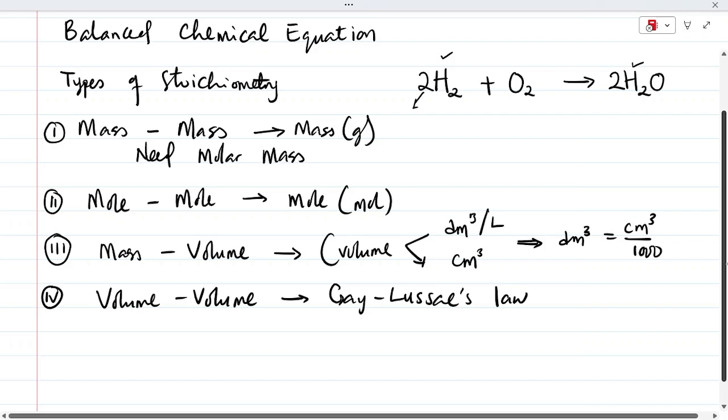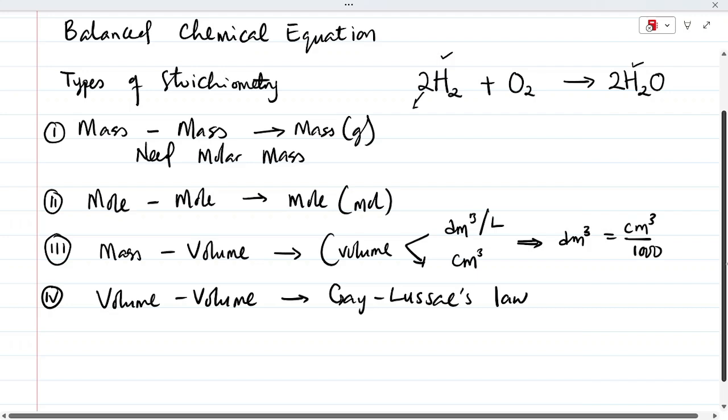But it is still stoichiometry. But because it is used under gas laws, it is mostly taught as part of gas laws. So when we deal with gas laws, you'll be seeing volume to volume relationships. But take note that it is still stoichiometry, because what are you doing? You are studying the relationship between the volume of 2 reactants or the volume of products and how it relates to the reactants.